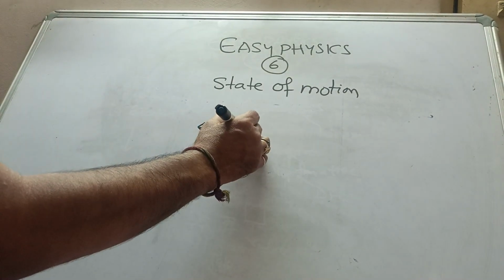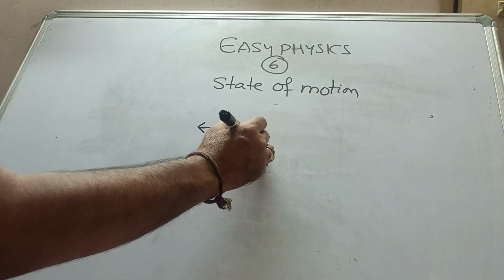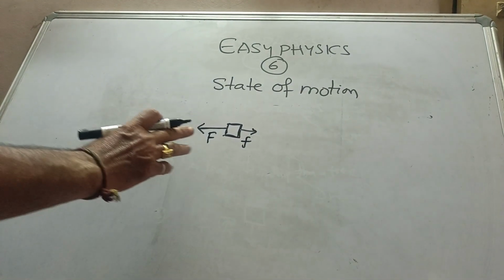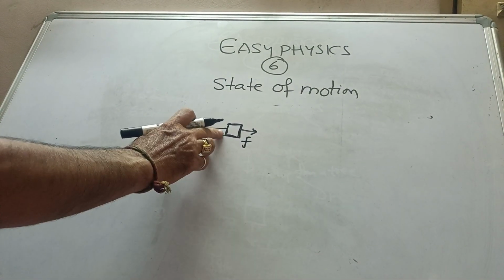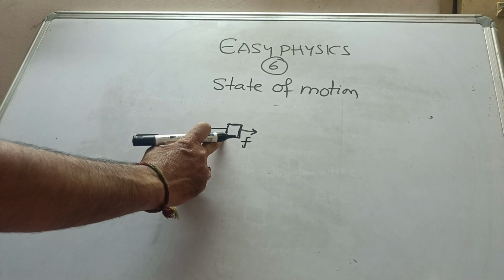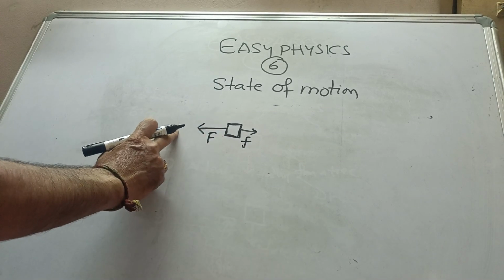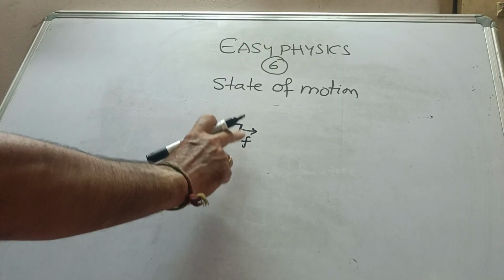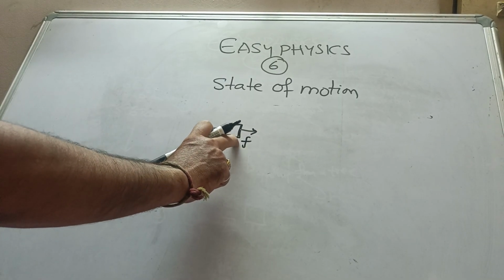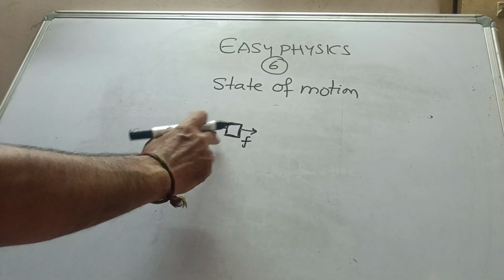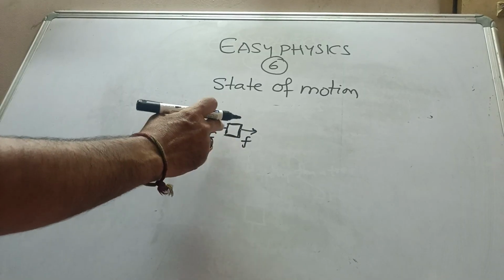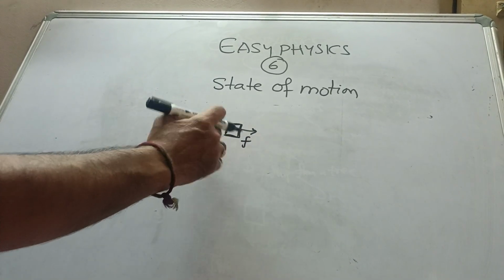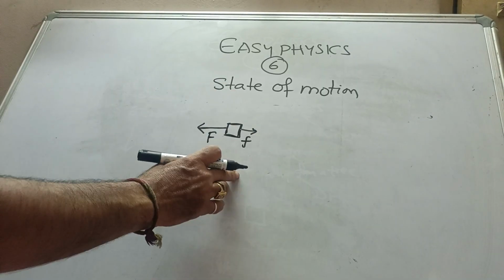Then we can put it as a small arrow. The capital F represents the applied force, the external force on the block, which is shown on the left side because it is traveling to the left, and the frictional force is there, but it is negligible. So the force overcomes the frictional force and takes the block to the left. Hence we can say that the diagram is like this.